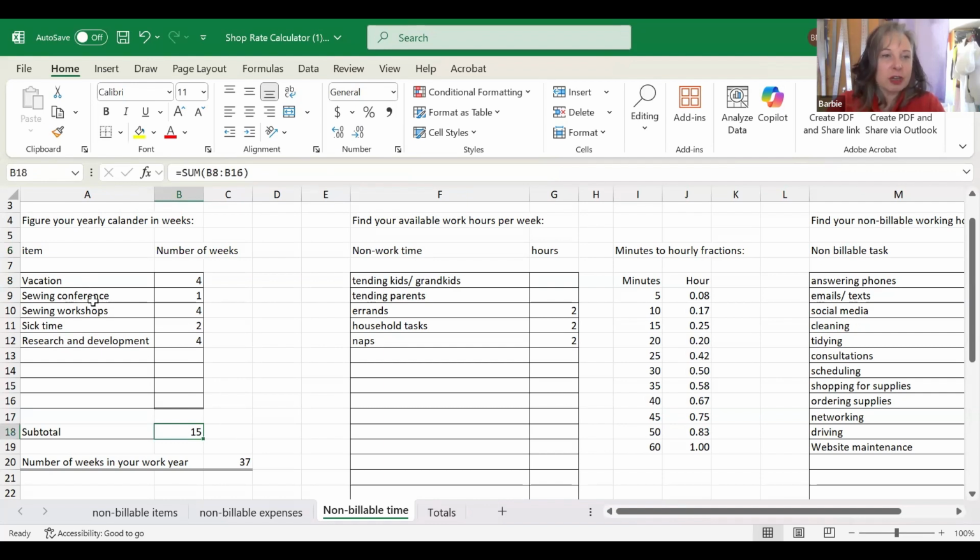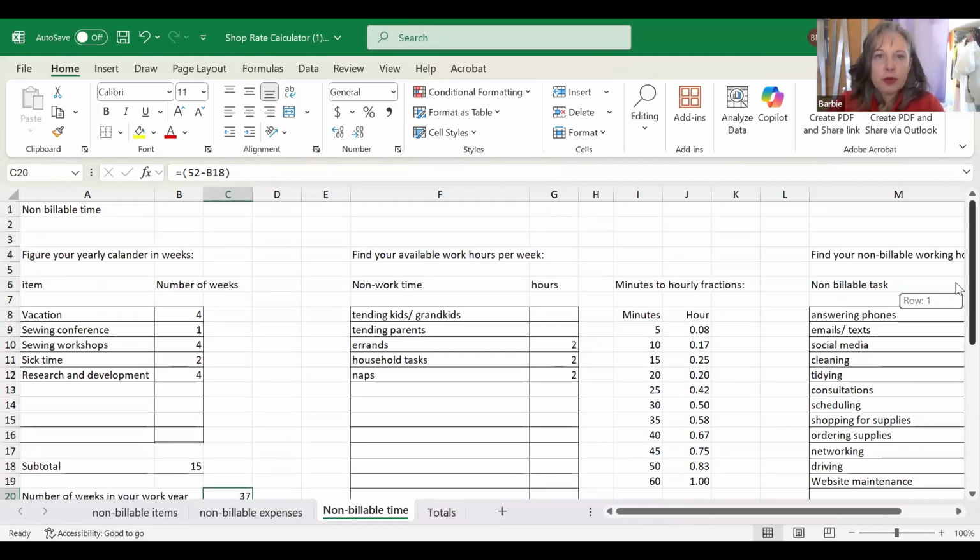Okay. Includes my vacation, conferences, workshops, sick time, research and development, 15 weeks. And so there are 52 weeks in a year. 52 minus 15 is 37. So the number of weeks in my work year is 37. Okay. You don't even have to remember that. It goes into the totals on the next page.